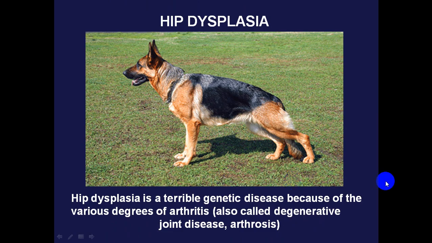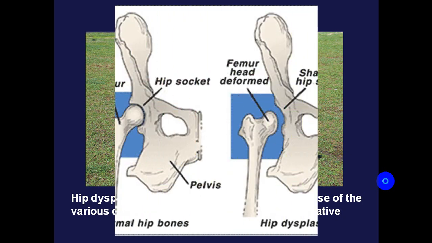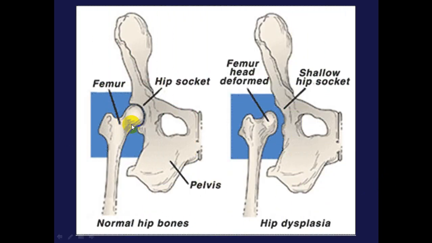Next is one of the most common findings, in particular in German Shepherds. There is a case of chronic arthritis due to a degenerative disease in the joint that we call hip dysplasia. So this is the normal bone here. This is the head of the femur.